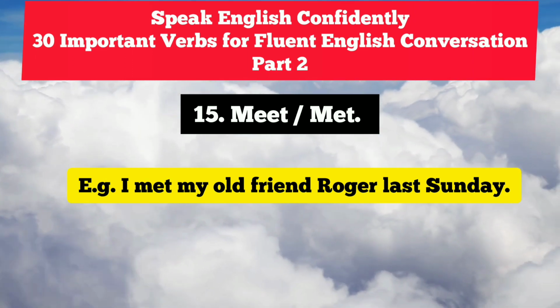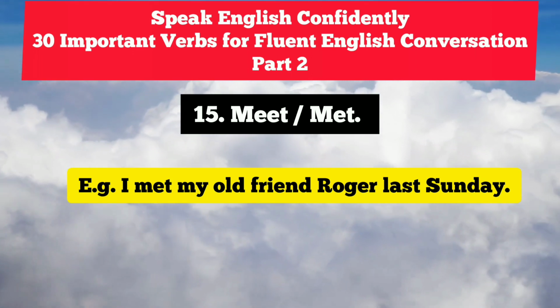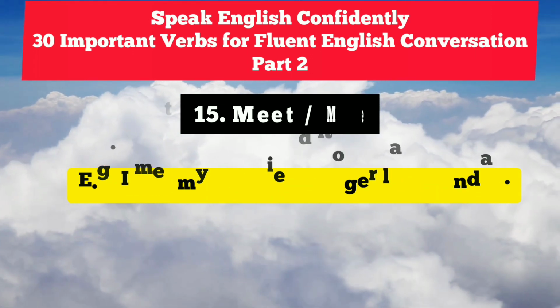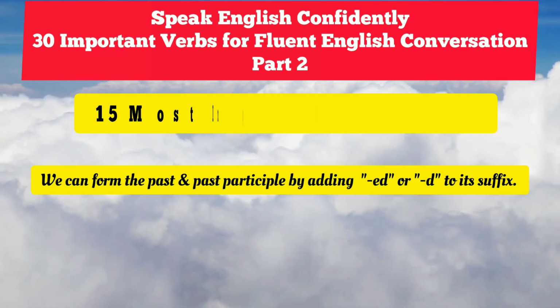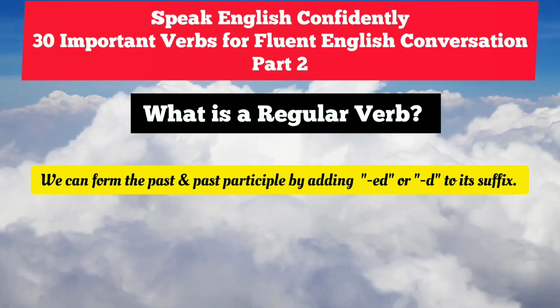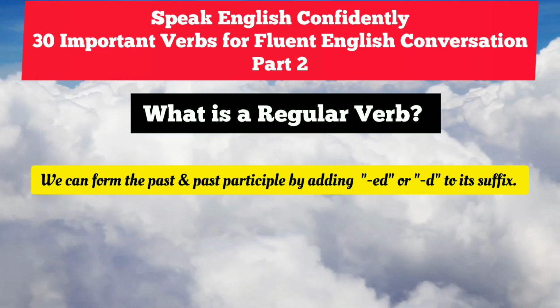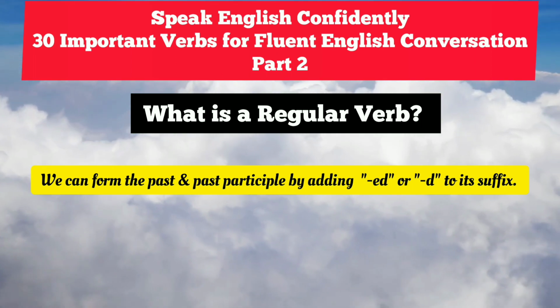and you can remember. So up next we are going to focus on the second segment, where I'm going to discuss 15 irregular verbs. So let me quickly just brief you about irregular verbs, which are obviously just the opposite, as you must be aware. In case of a regular verb, we can form the past and the past participle just by adding ed or d to its suffix. Okay.